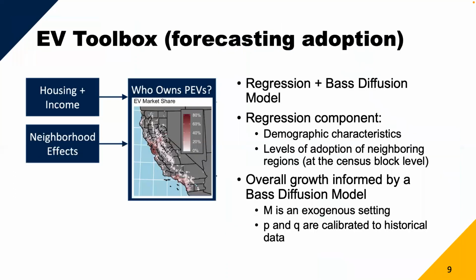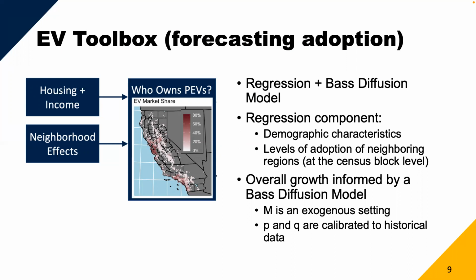So in this first part, as I was saying, is the determinants. So this is built off of some stuff that we've already talked about. So this is a regression and a Bass diffusion model. So the regression component looks at these two things about housing and income, so demographic characteristics, and then levels of adoption at neighboring regions. That's the neighborhood effect.